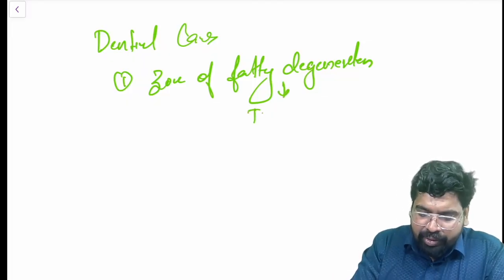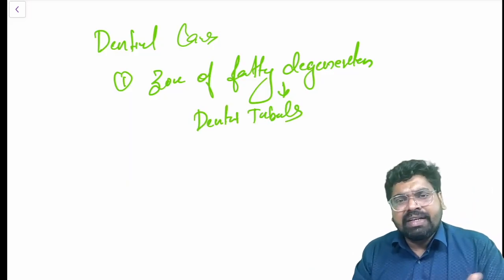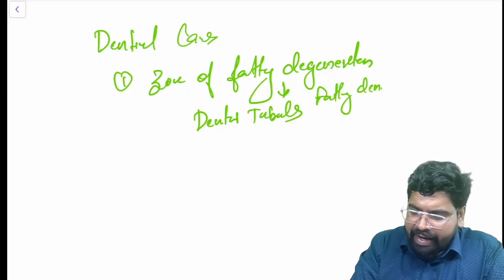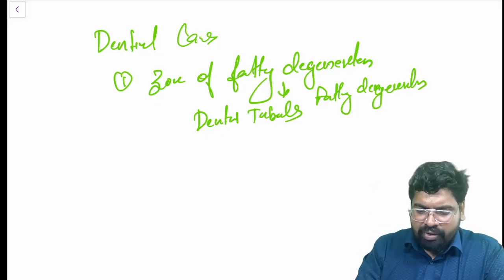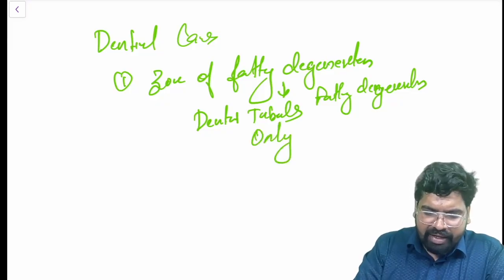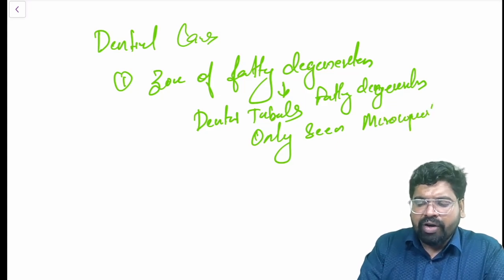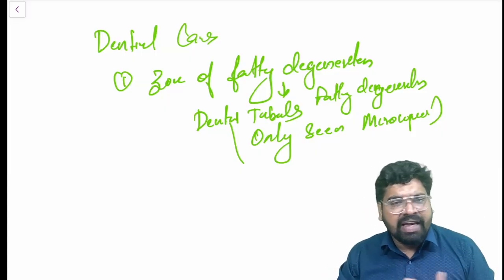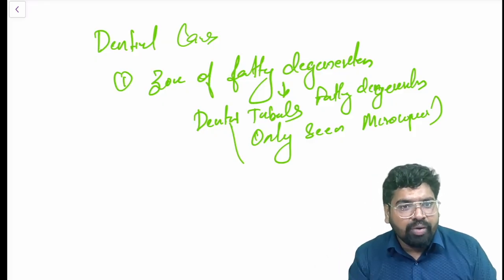The peculiarity of this is that it can be seen only microscopically; you cannot see it as a manifestation. Fatty globules start appearing.